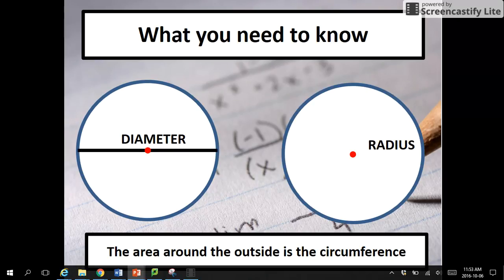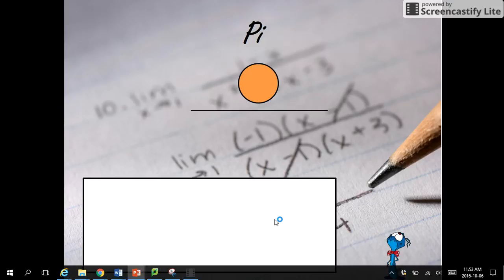However, another word is the radius. Radius is just from the center to the side. That's all it is, okay? So the diameter is all the way through, radius is from the center out to the side. And the area outside is the circumference, okay?